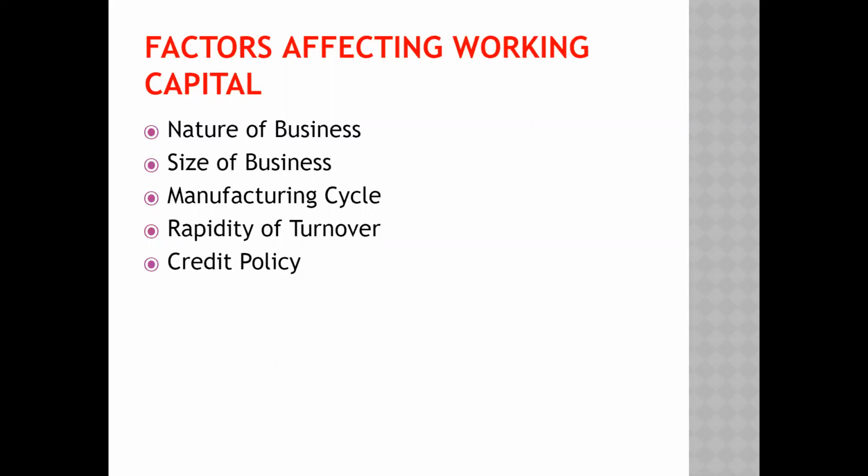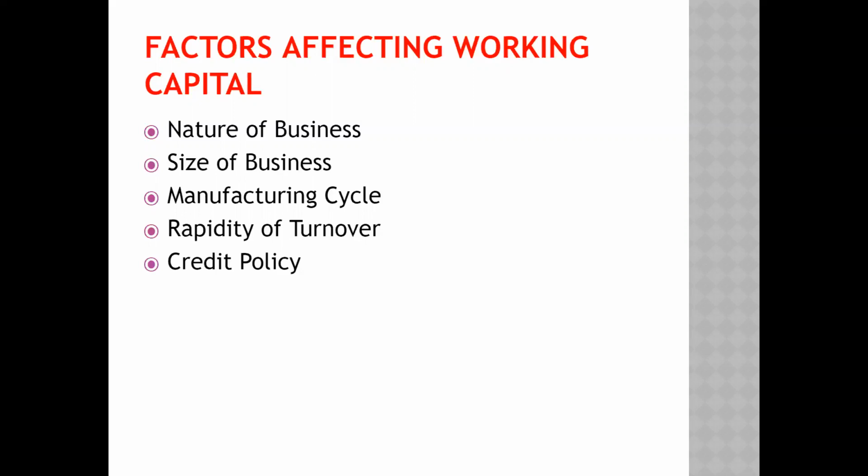Then manufacturing cycle. What does manufacturing cycle mean? It means how much time will be taken from raw material to finished goods. So if it is longer, more working capital will be needed, or if it is shorter, less working capital will be needed.